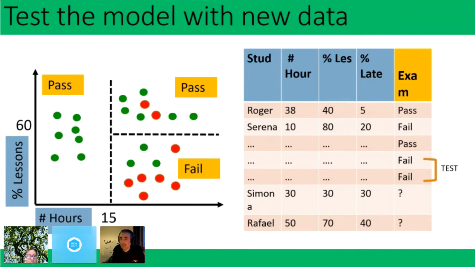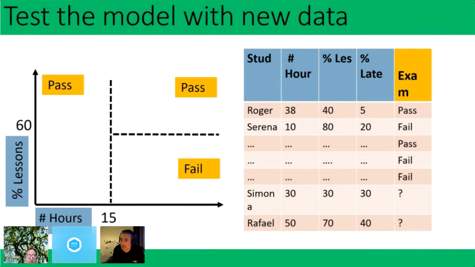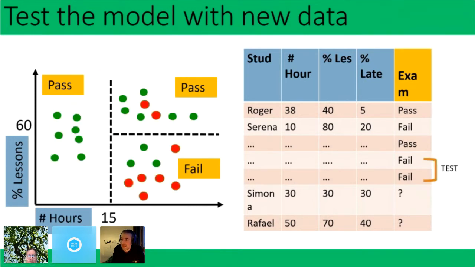And you will see that the test is quite good, because for the new data, the students that passed go into the region predicted by the model to pass. There are some errors, but this is normal. And here, fail. The new data go more or less into the right region.